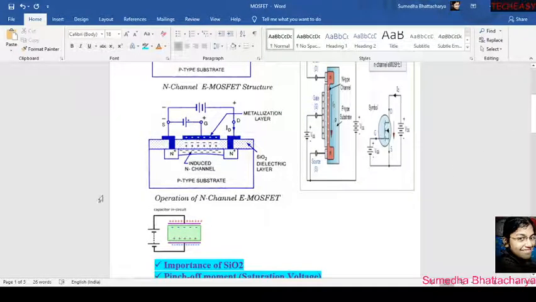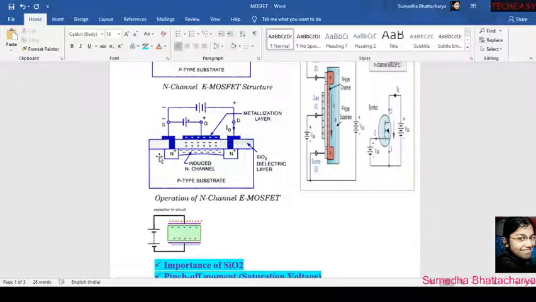Okay. So look here. First of all, previously I told you about JFET, and there we saw the current passing from drain to source, right? And the current is called the ID current, right?